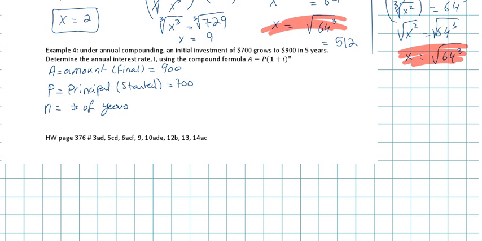And I is your interest rate. So the question is, solve for I. We're going to put the numbers in. So A is 900. P is 700. 1 plus I to the power of 5.